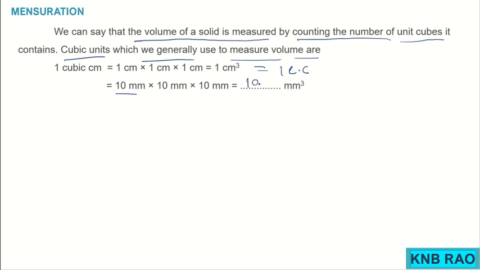That means 1000 millimeter cube is 1 cc. Remember that these are going to be very important.